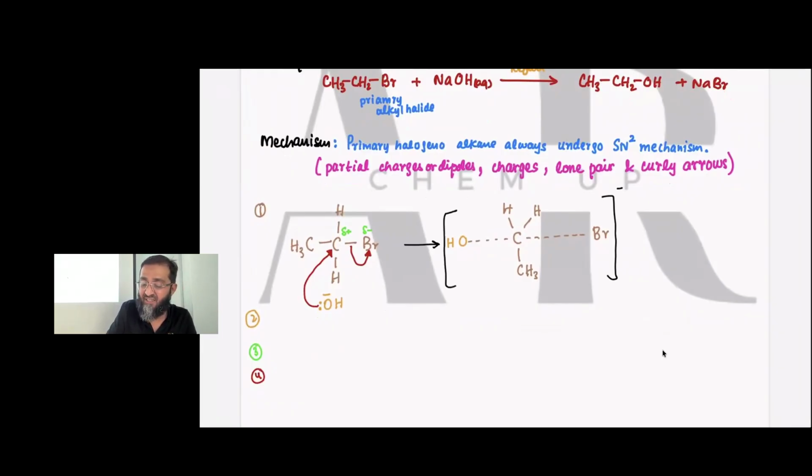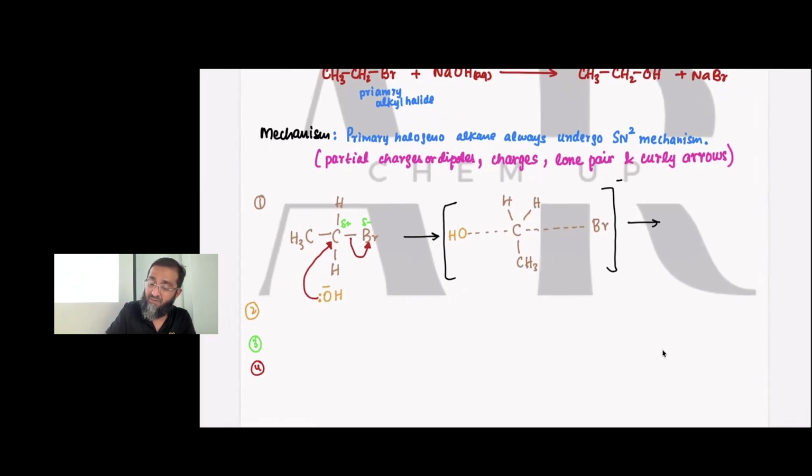And it is negatively charged because there are two negatively charged species, the OH and the bromine. And then finally, the bond is completely broken. The bromine comes out by taking the whole pair of electrons. So it's necessary to show the lone pair with the bromine and the negative sign.